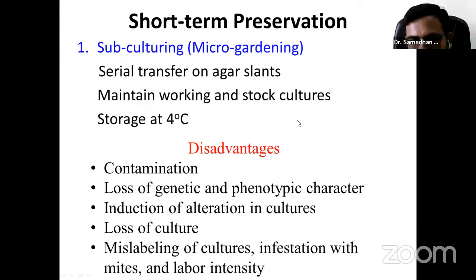Then loss of genetic and phenotypic characters, induction of alteration in cultures, loss of culture, mislabeling of cultures, infestation with mites, and labor intensity. These disadvantages occur because sometimes we handle cultures very poorly. Also, frequent subculturing causes loss of genetic and phenotypic characters.